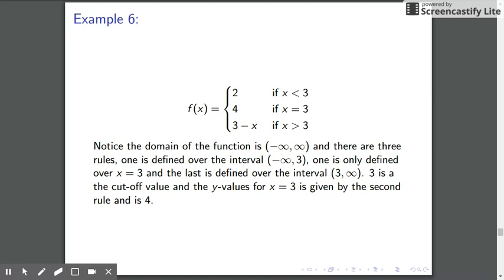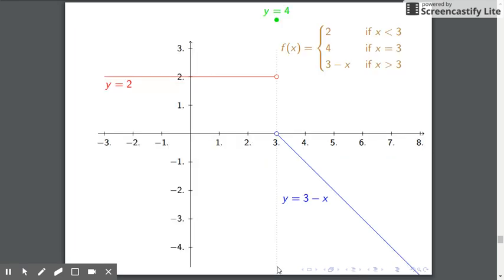So let's graph as if the second rule doesn't exist. If the second rule didn't exist, we would have this piece and this piece and two empty circles here.